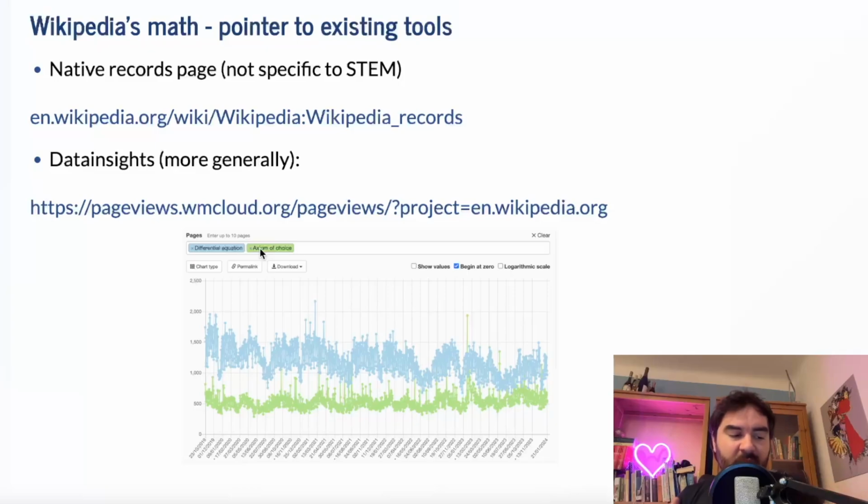And I think people use this maybe even for trading or whatever. So I think this page views site is also not particular to Wikipedia. You can just get information about how things are viewed, which is interesting.